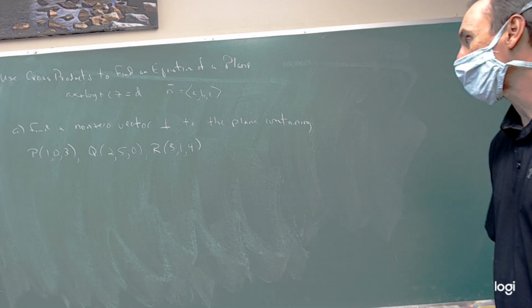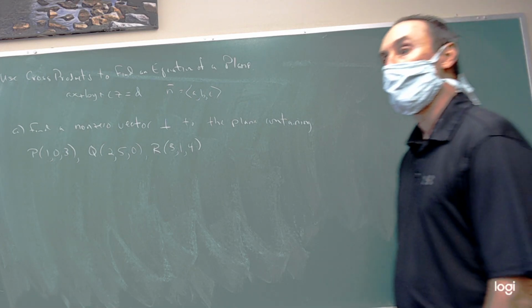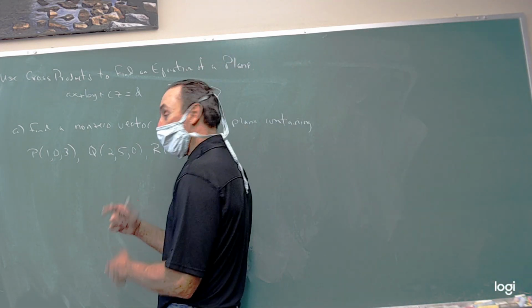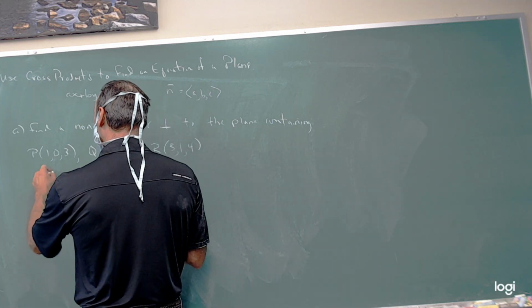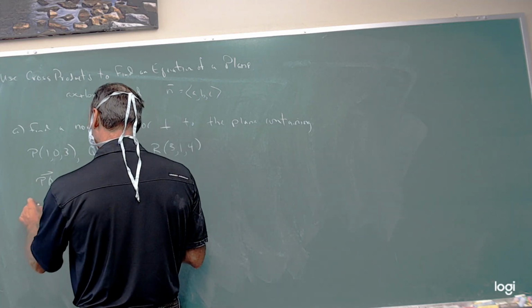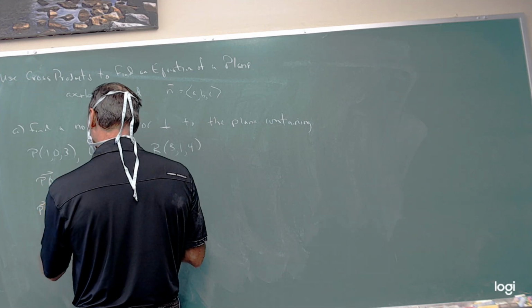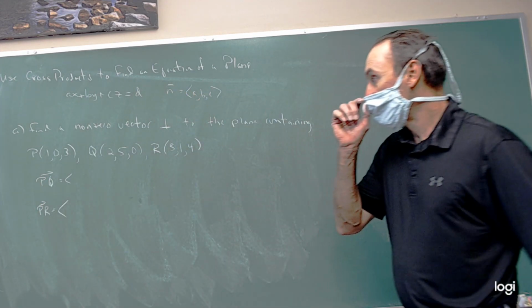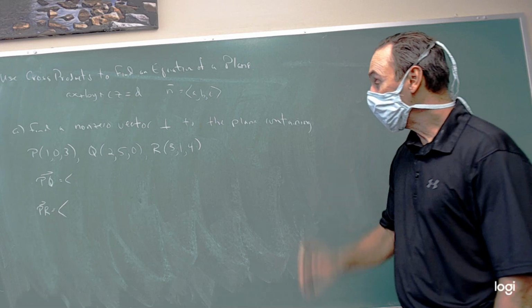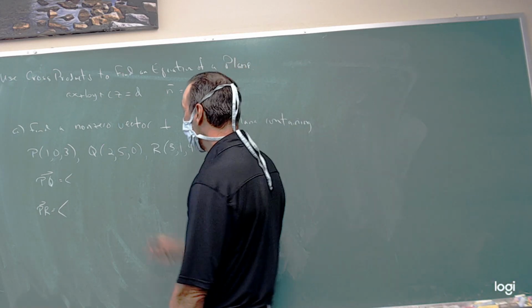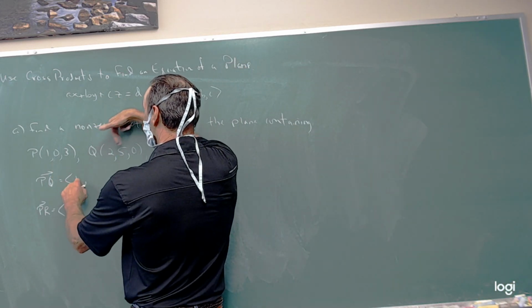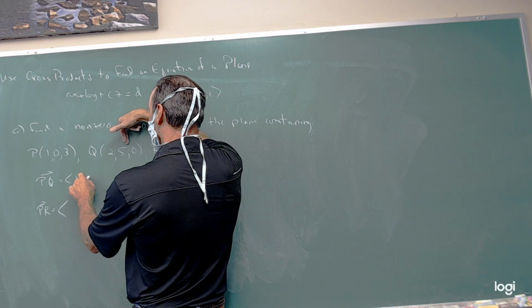Okay, how do we do this? PQ, PR. So make sure they have the same initial point. So we're going to find PQ, and we're going to find PR. Good. So PQ is going to be (1, 5, negative 3).